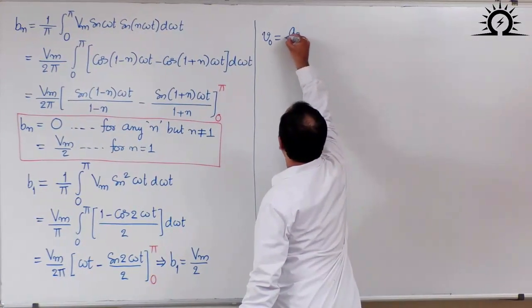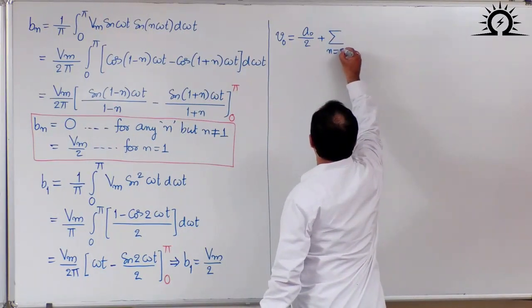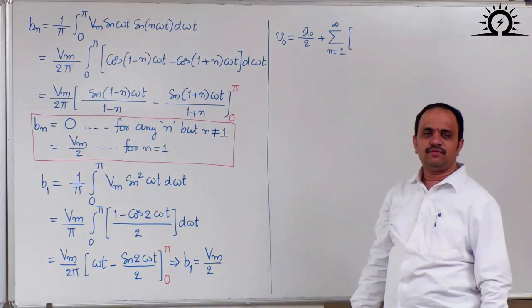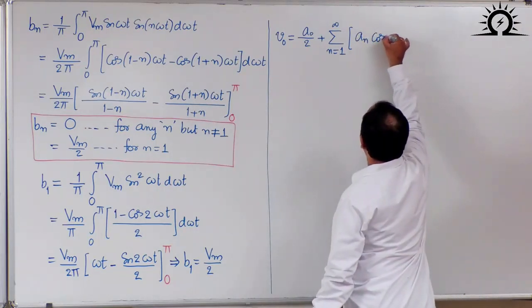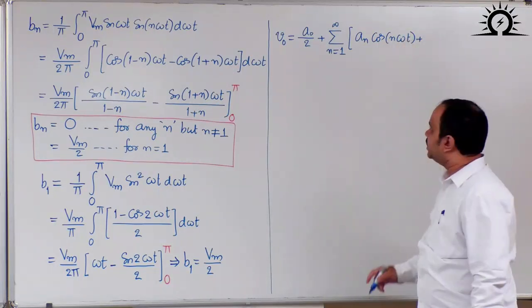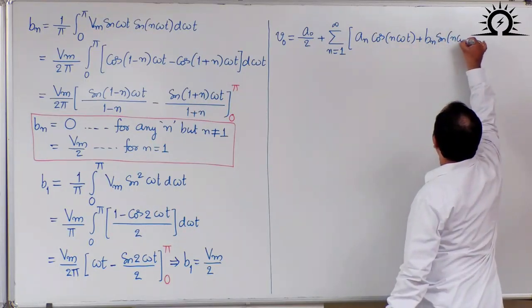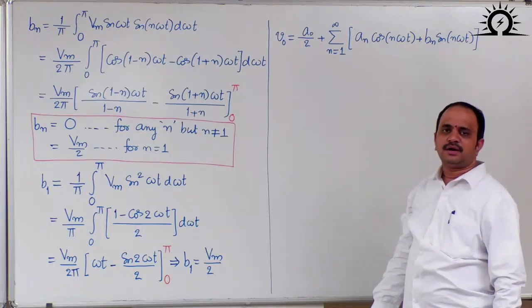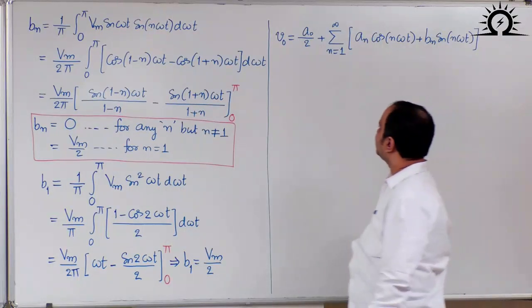V0 is equal to A0 by 2 plus sigma n is equal to 1 to infinity, An cos of n omega t plus Bn sin of n omega t.